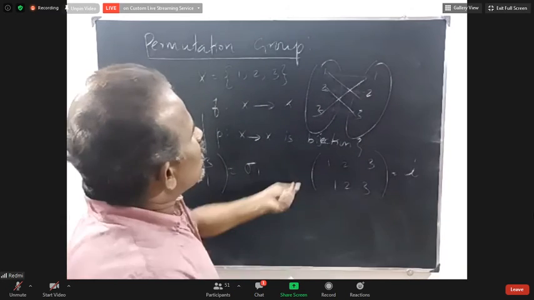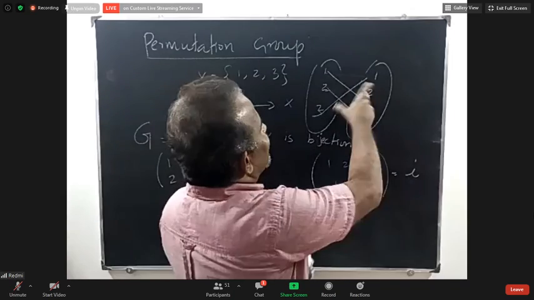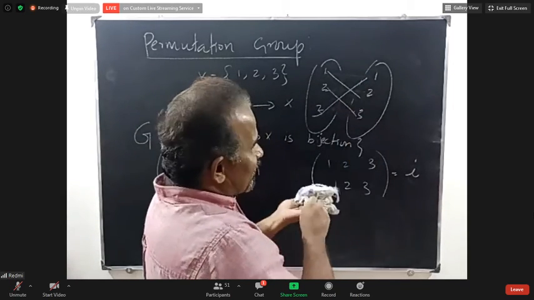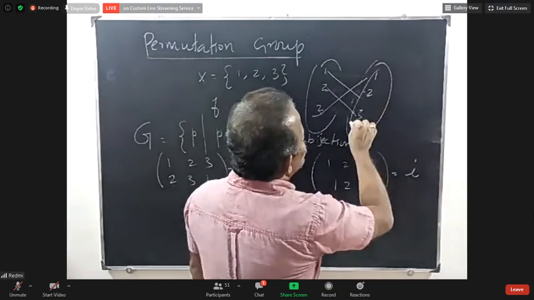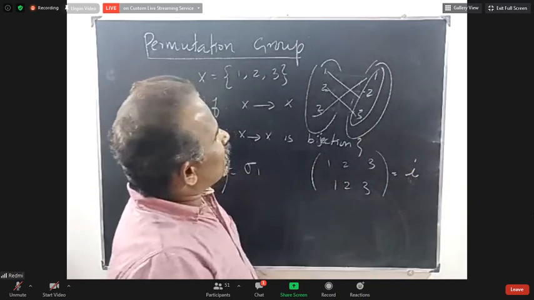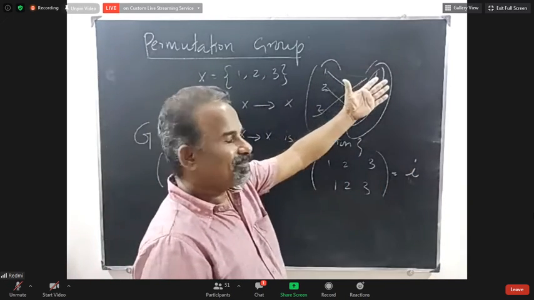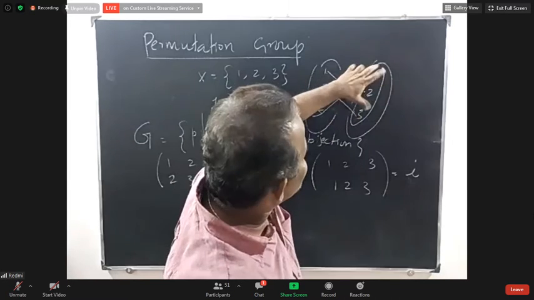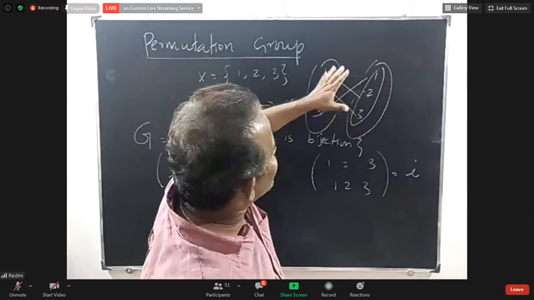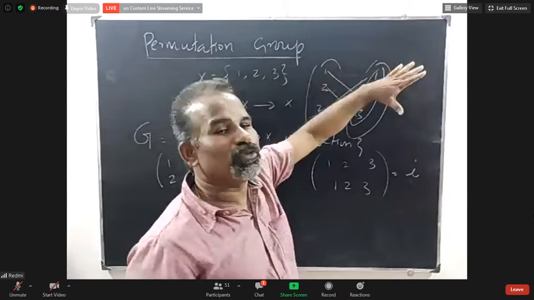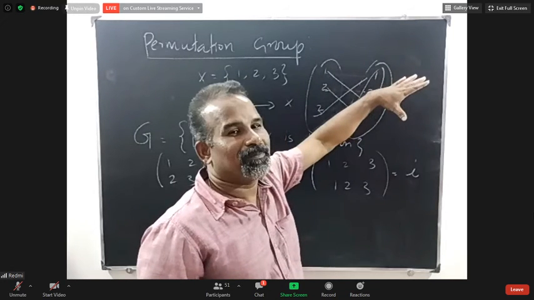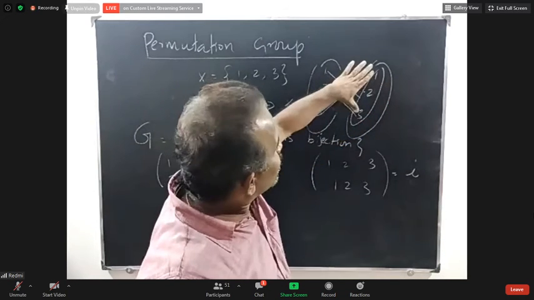Now, how many possibilities are there? How many ways can 1, 2, 3 be arranged? You will be getting that number of functions.